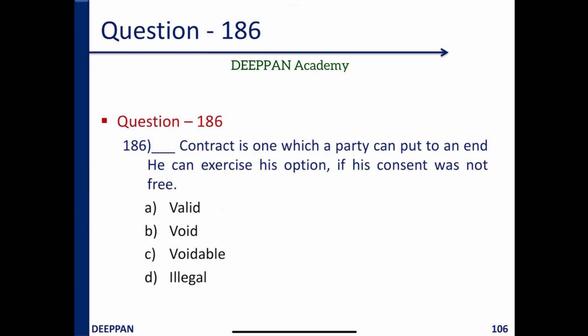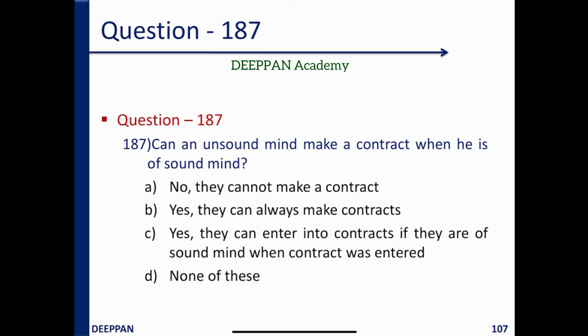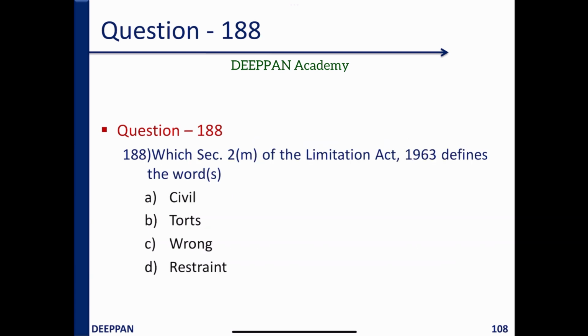A dash contract is one which a party can put to an end; he can exercise his option if his consent was not free. Voidable. Can a person of unsound mind make a contract when he is of sound mind? Yes, they can enter into a contract if they are of sound mind when the contract was entered.